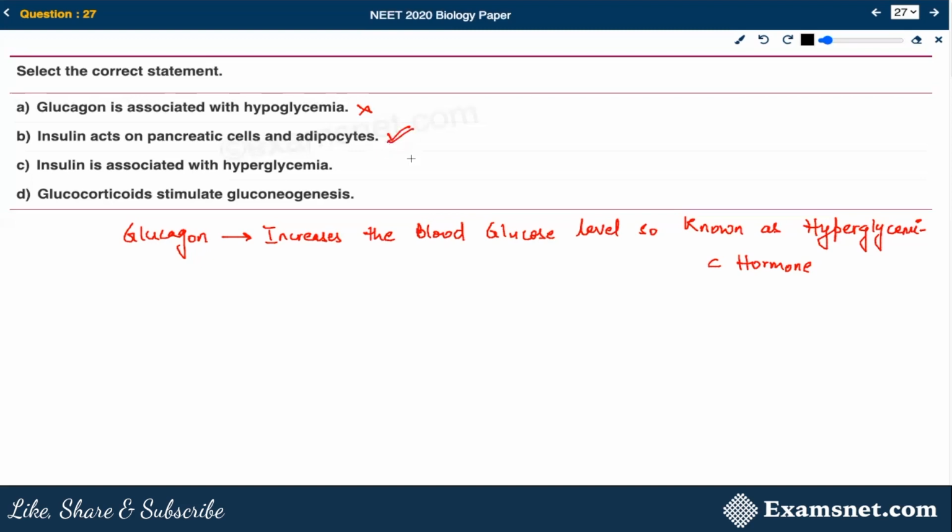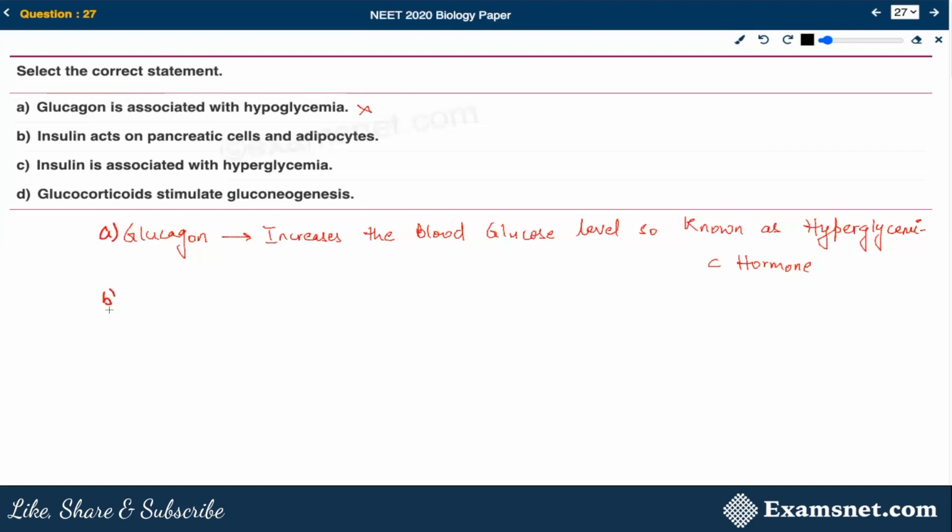Sorry, this is a false statement. It acts on the pancreatic cells, but it doesn't act on the adipocytes. So again, this only acts on the pancreatic cells. So this is option A.